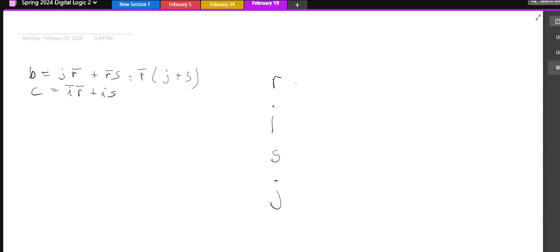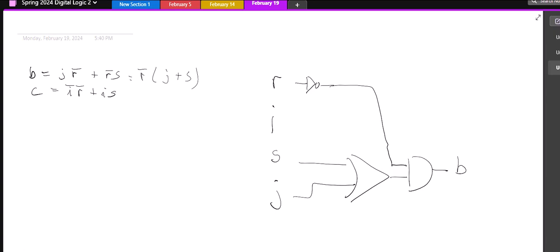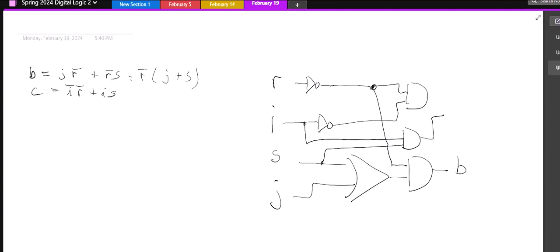Okay, so then I have not R ANDed with J or S, to make B. I have not I ANDed with not R. And I have I ANDed with S. And then these two are ORed together, and that makes C. Okay, so I have 3 AND gates, 2 OR gates, and a NOT gate.